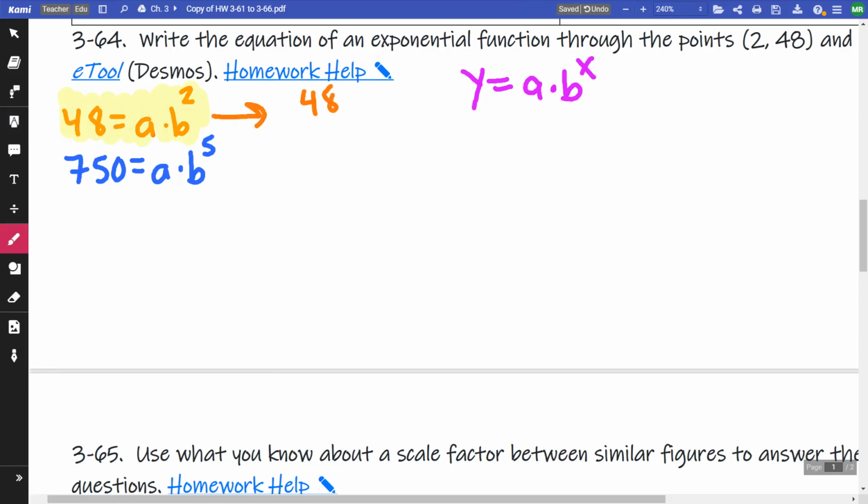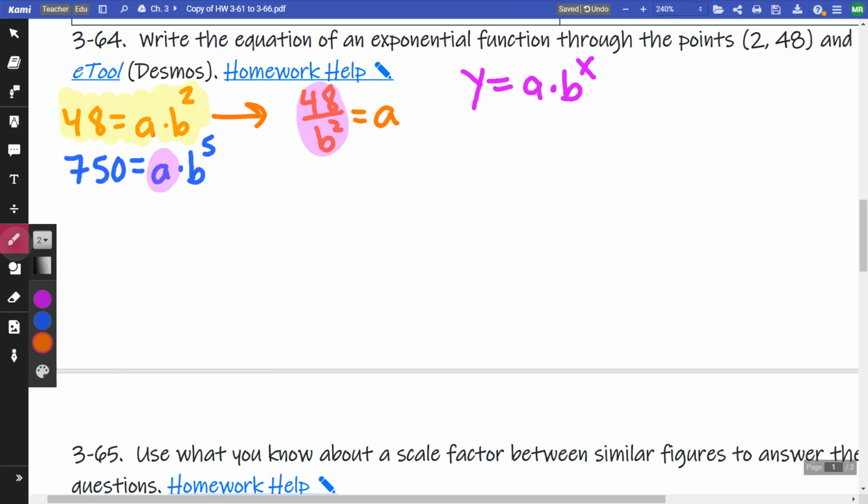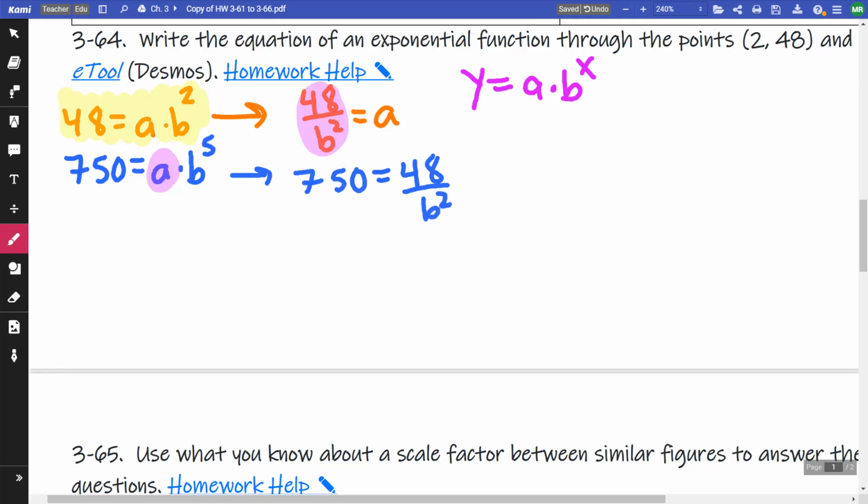So you're going to have 48 over b squared equals a. And that is what I'm going to substitute right here in for a. So when I do that, I am going to get 750 is equal to 48 over b squared times b to the fifth.